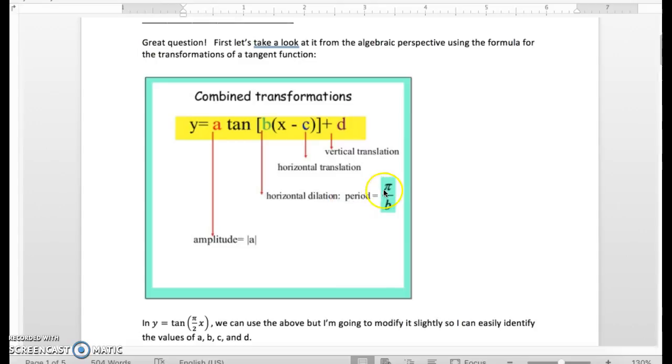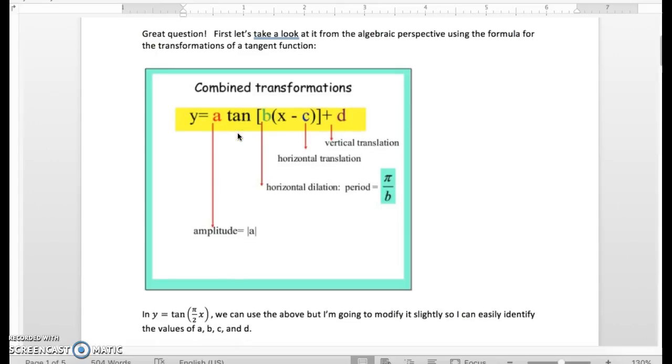The horizontal dilation would be 2 pi over b, because the parent functions, sine and cosine, have a period of 2 pi. But for tangent, it is dilated, and it's half of the period of sine and cosine, which is pi. So just keep that in mind, that if you are looking at sine and cosine, it's different than tangent.